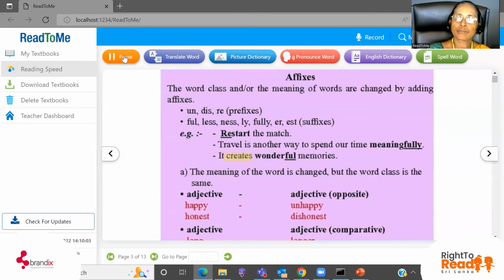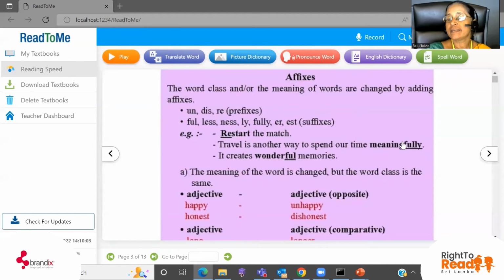It creates wonderful memories. Now you can see the bold words and the underlined letters or groups of letters as affixes. When we add letters in front of a word, we call them prefixes.